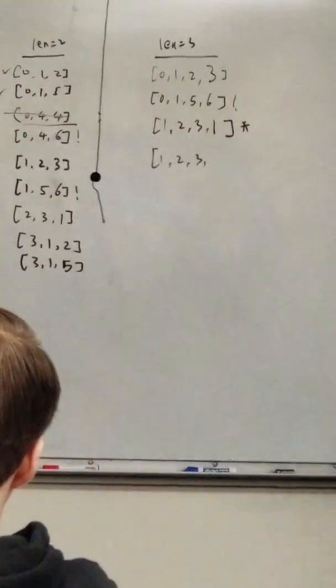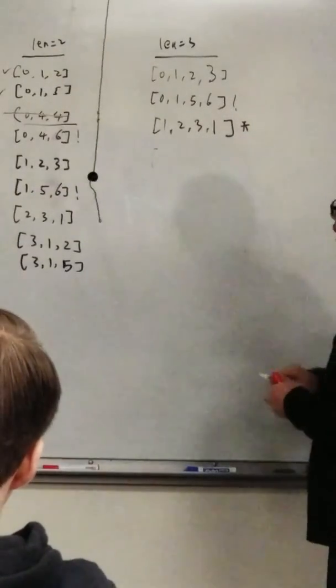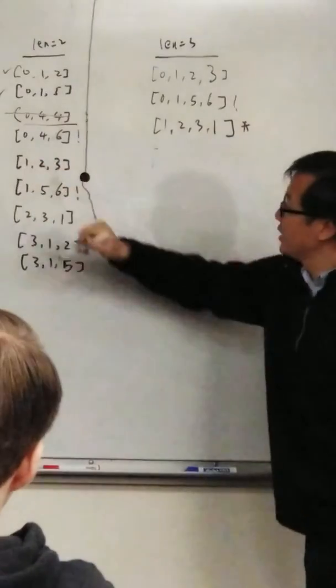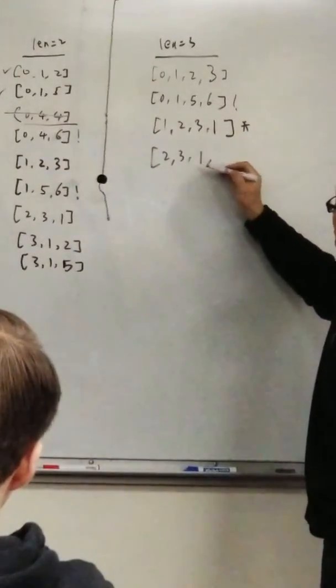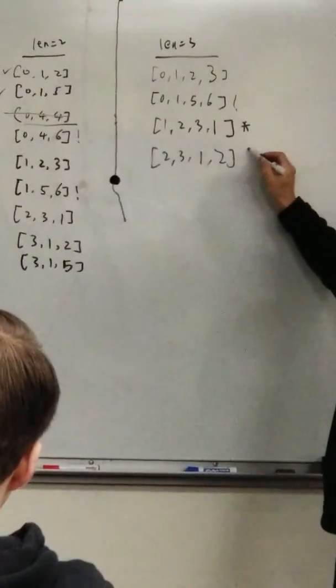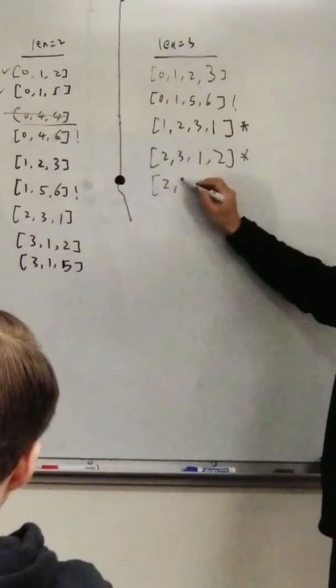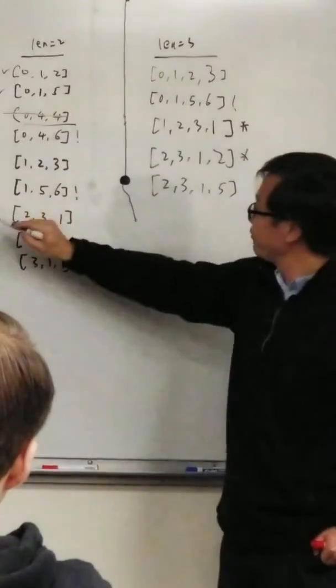Okay. So we go to 2, 3, 1. One extension is 2, that's a loop. Or 2, 3, 1, 5. Okay. I'm going to finish this one.